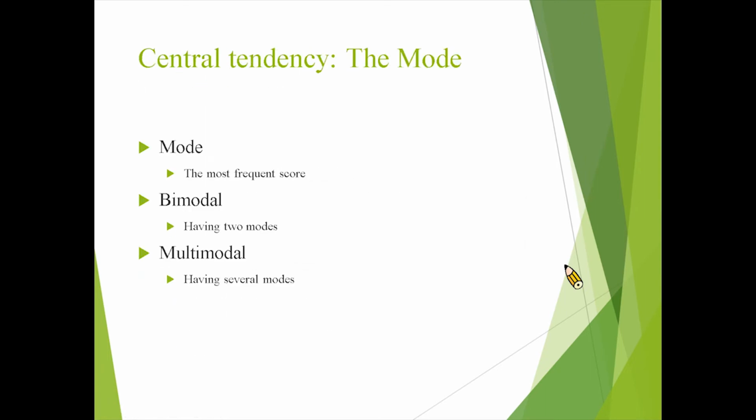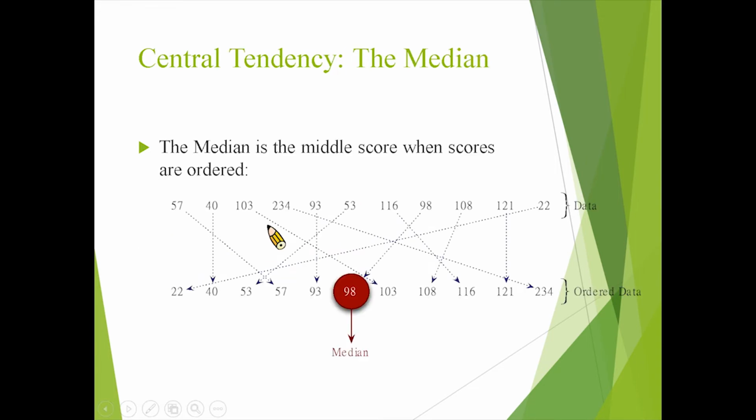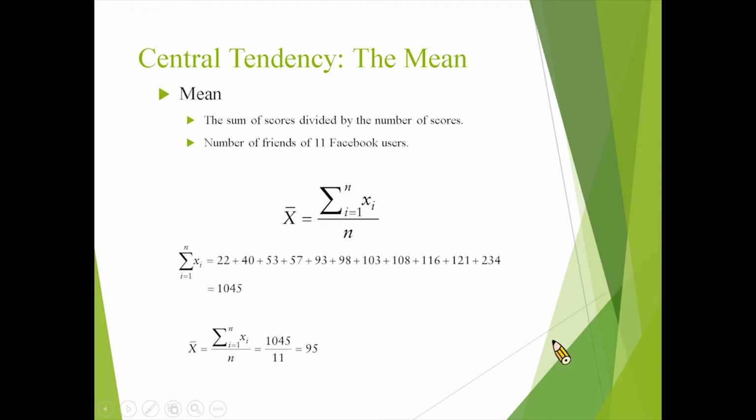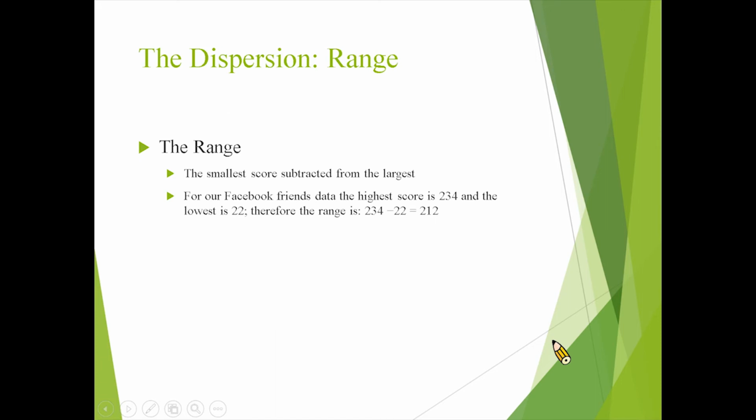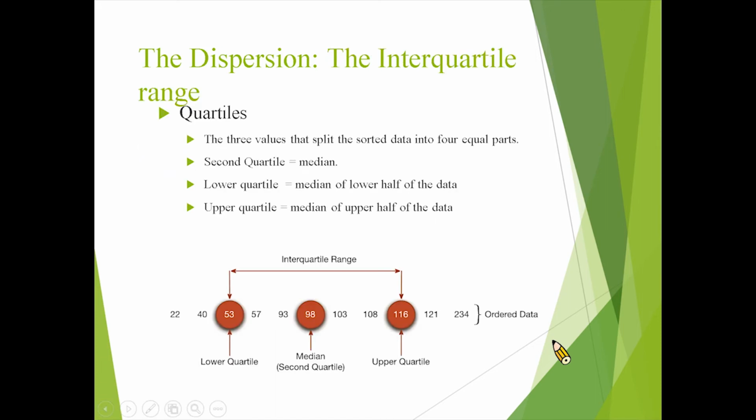Okay. The mode. Okay, this one. And the median. This is just the middle one. Okay. Mean, range. In SPSS it can calculate these for you. You don't need to calculate by hand.